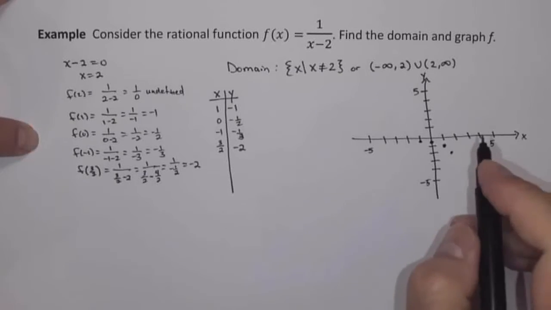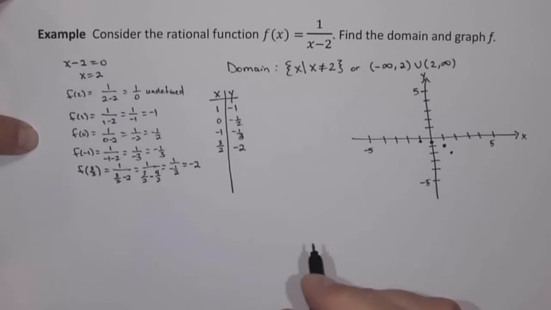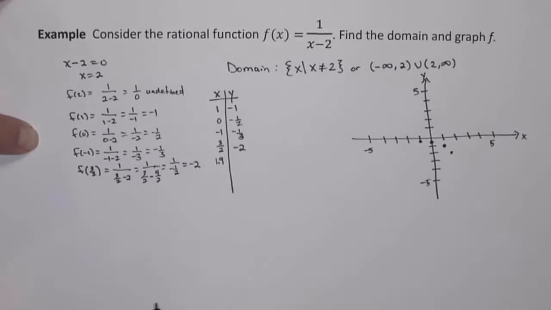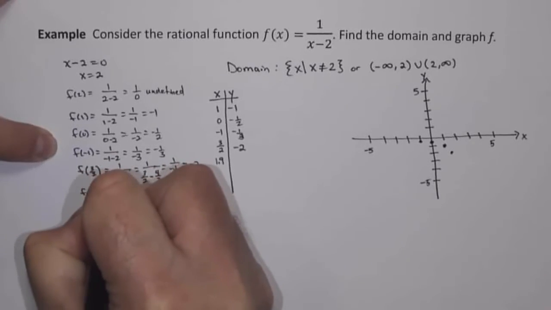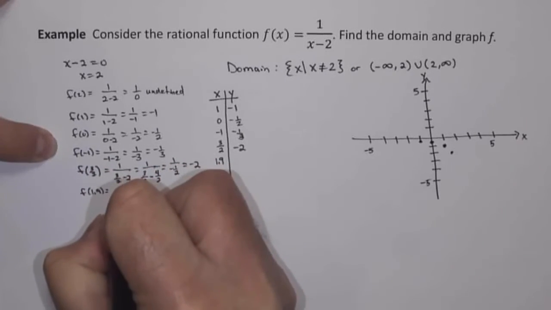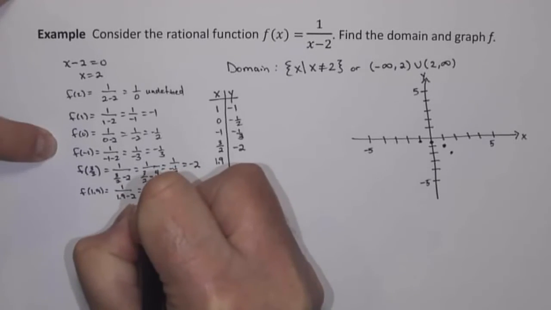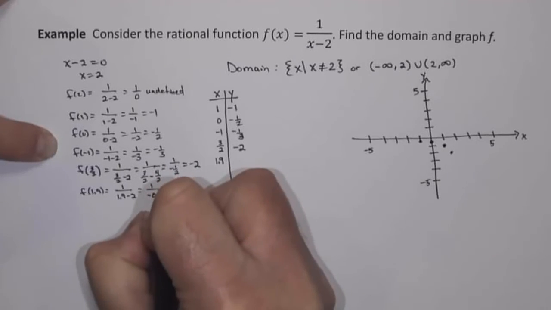So at 3 halves, which would be here, I get negative 2. What if I were to let x be something even closer to 2? For example, what if I let x be, say, 1.9? Well, if I find f of 1.9, then I'm going to have 1 over 1.9 minus 2, which would be 1 over negative 0.1.